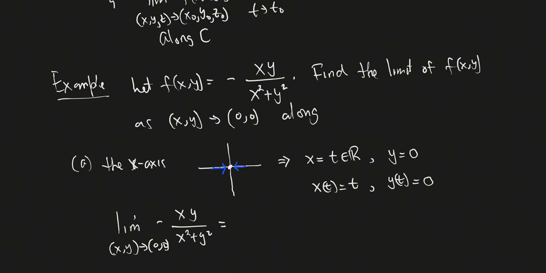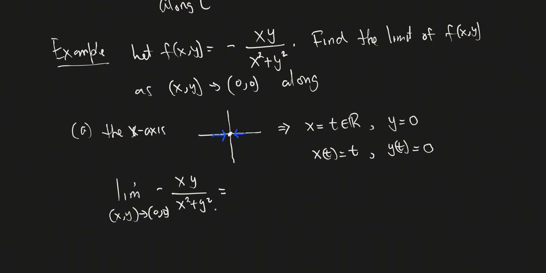Okay, so let's express this entire limit in terms of t, right? So again, as xy approaches 0, 0, that is equivalent to saying that t approaches 0. In fact, let me specify and say this is along the x-axis.